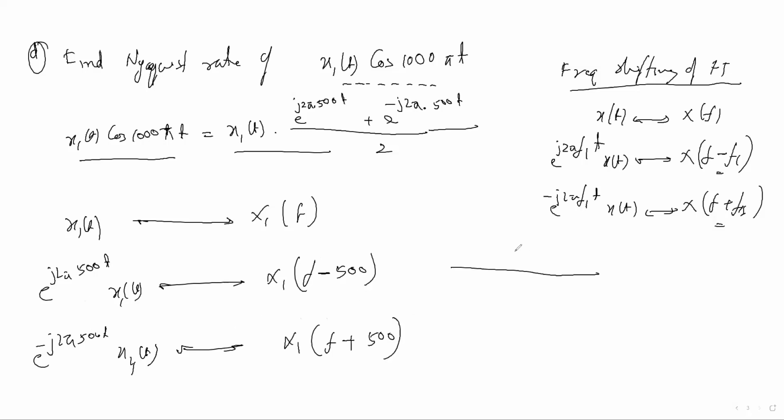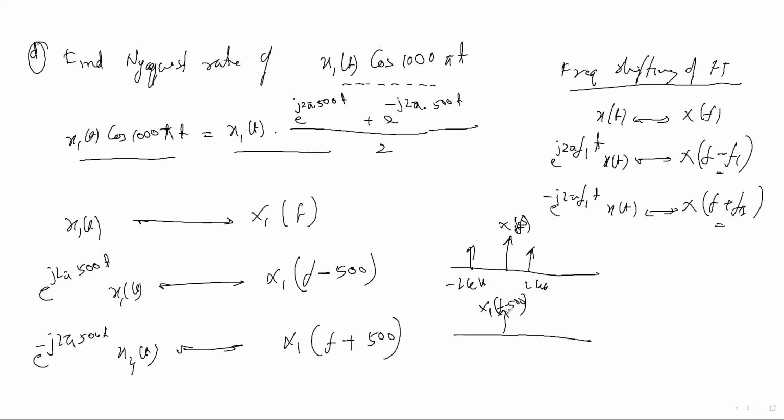If you plot, x1 has frequencies of 2 kilohertz and minus 2 kilohertz. The x1 of f minus 500 means what?